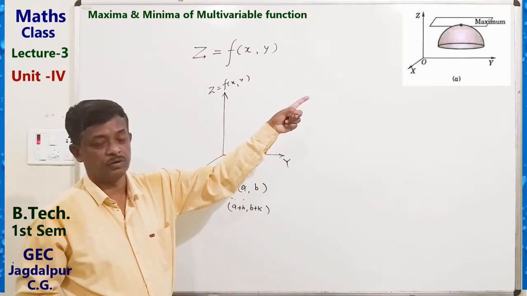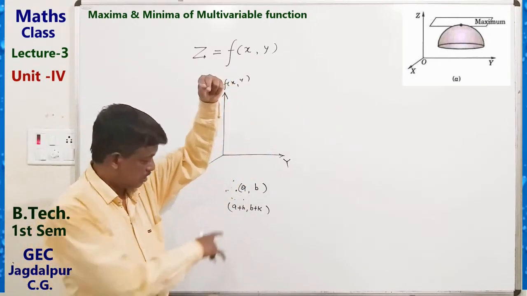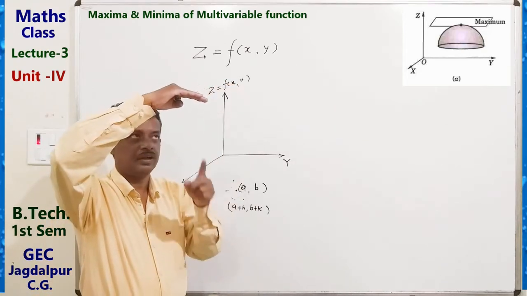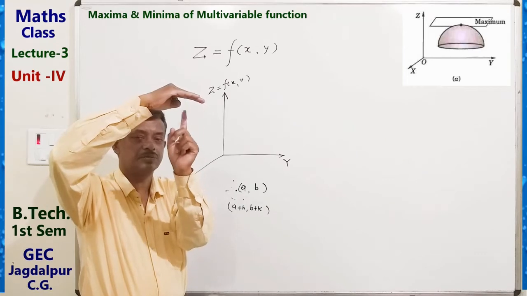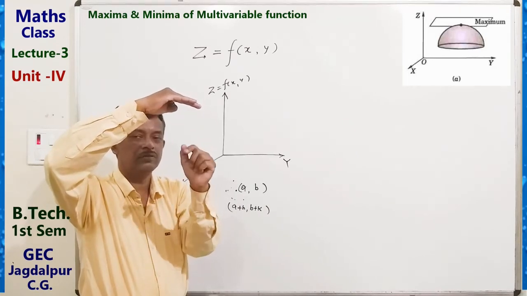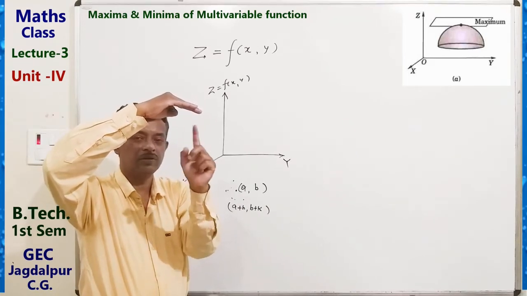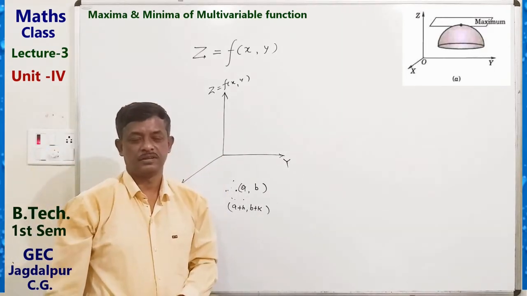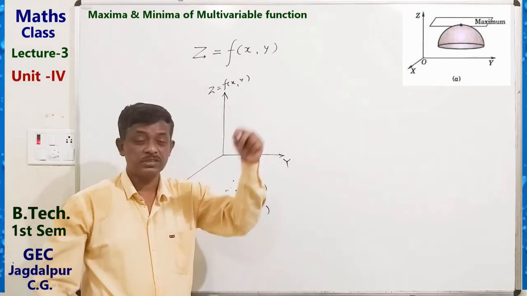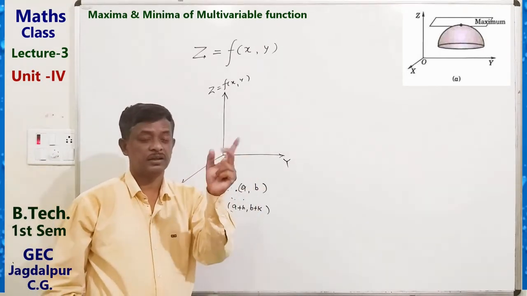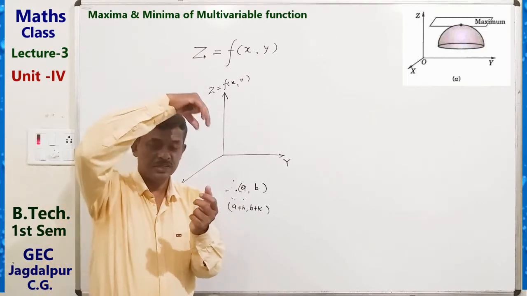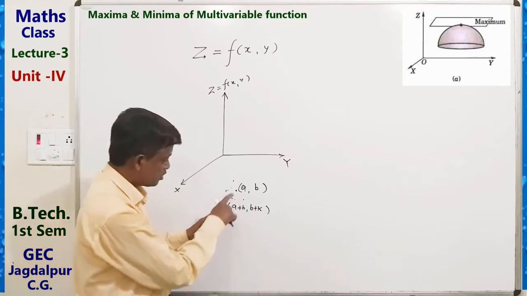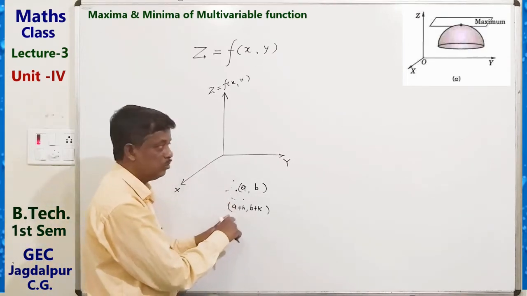In the diagram, the top point corresponding to (a, b) will be the maximum if it is always greater than the values near about it on the surface.